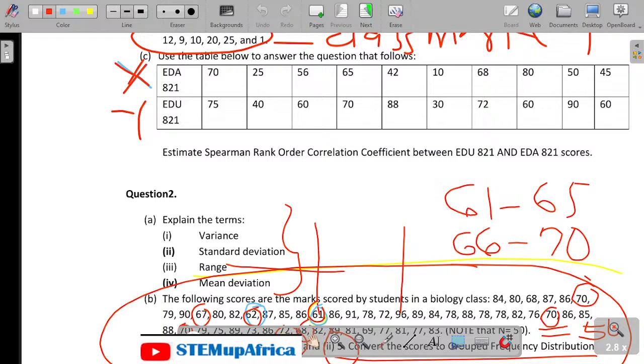This is just rough work. So when you get to the exam, I'm just showing you how to get your class interval. You should be able to do it correctly. The most important thing is that I've shown you how to do your class interval. The counting process depends on you.